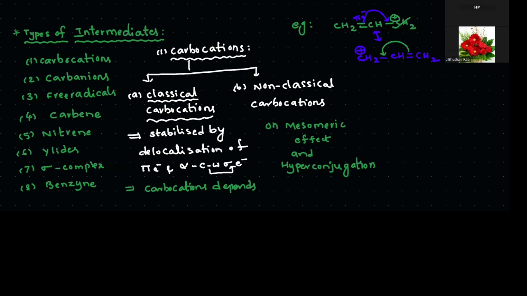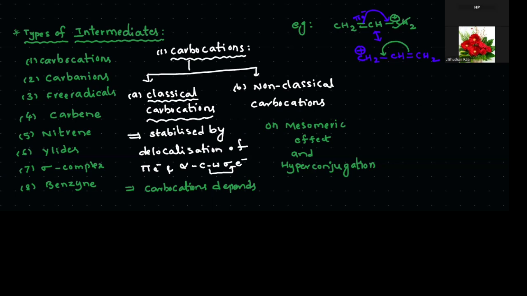Localized means stable, but delocalized means involved in resonance or conjugation conditions. Conjugation means alternating positions: here a double bond, pi bonded electrons, and here the positive charge alternately present. So that's why this is an example of a classical carbocation.